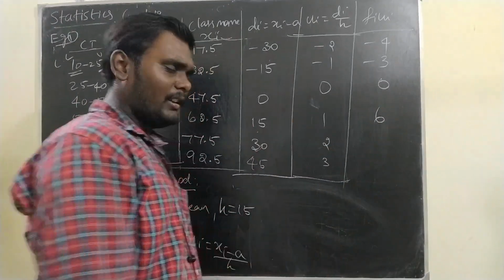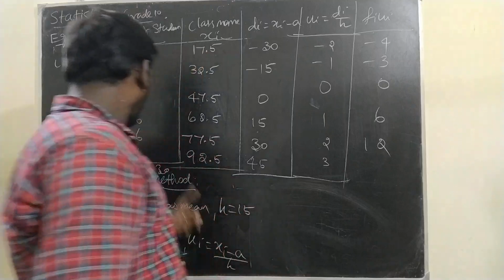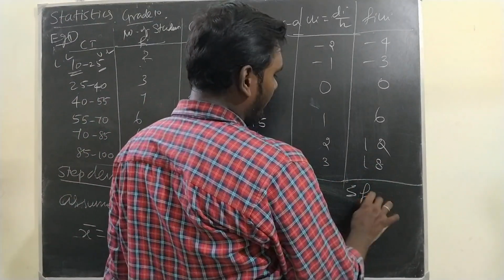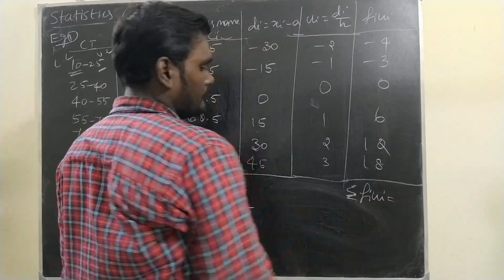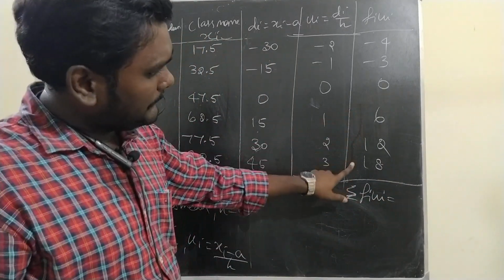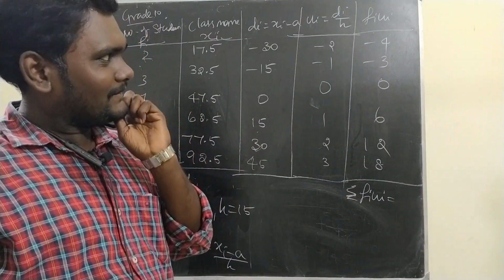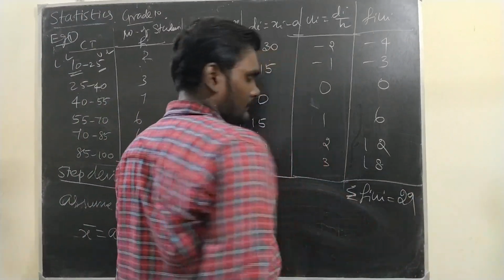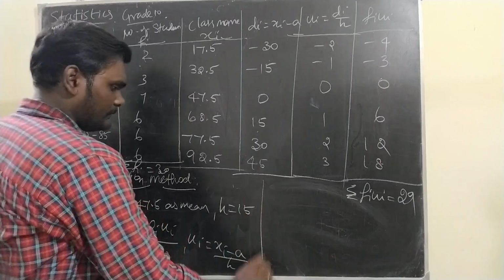We ended up having very small numbers. 6 times 2 is 12. 6 times 3 is 18. Now add this, that is summation fi ui. How much is it? It comes to 30, 36, 36 minus 7, 29. Okay, that's all. Substitute in the formula.